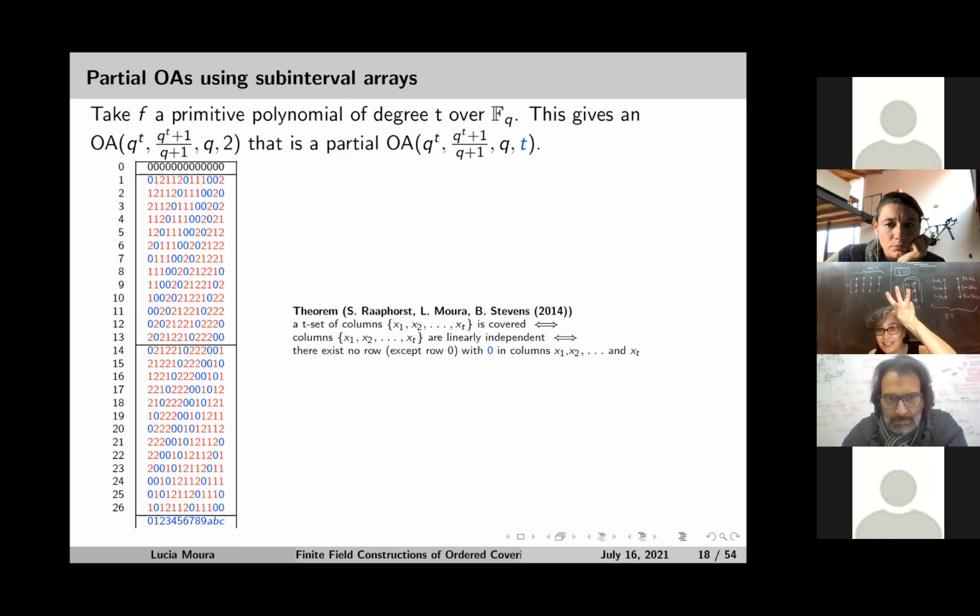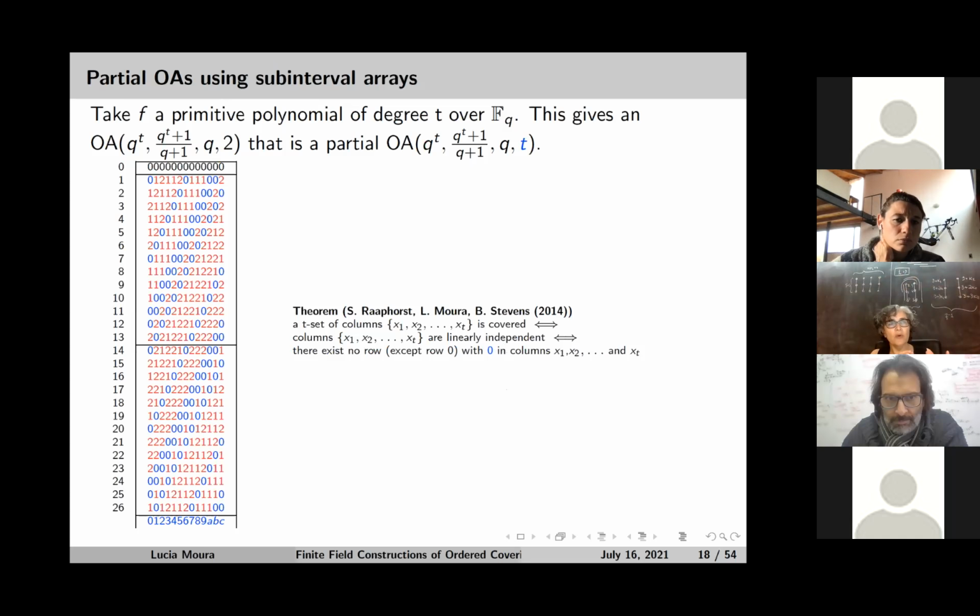If I don't have zeros showing up on t columns in a row ever, then I know I have full coverage. And that's what this theorem is telling us: I have full coverage for certain columns if and only if the columns are linearly independent, and if and only if there exists no row that has all zeros in those columns. So the pattern of zeros is where my coverage gets problematic.